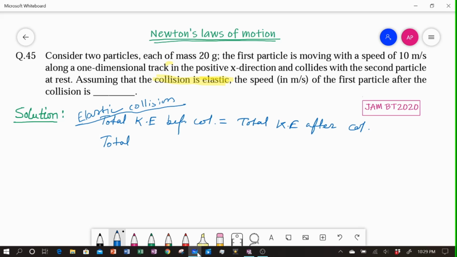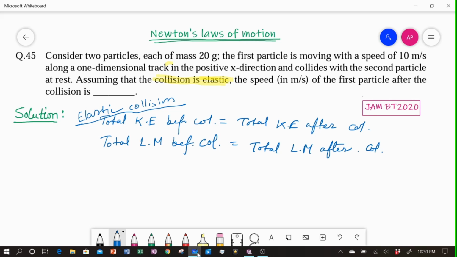Okay, for elastic collision, again we know that total linear momentum before collision is equal to total linear momentum after collision.